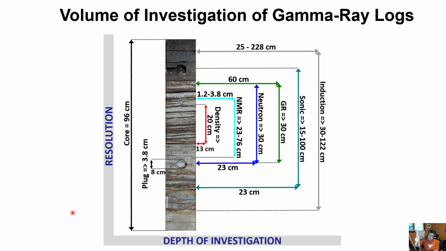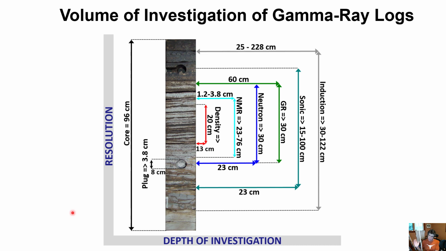The second point that is very important to remember is that when the formation is sending gamma rays spontaneously, there's a point at which the gamma rays originating from far away from the borehole will not make it to the borehole itself because they will be absorbed by the medium. So because of this, the measurements have a natural depth of investigation which varies according to whether the formation is dense or light.